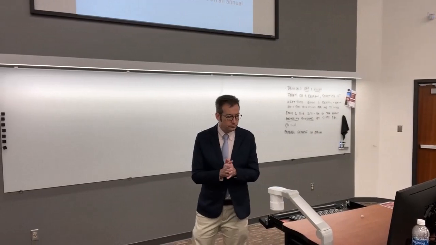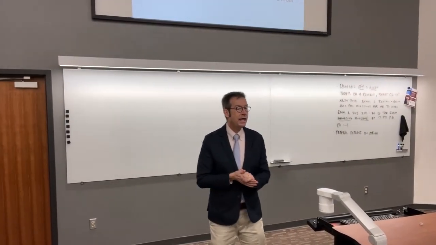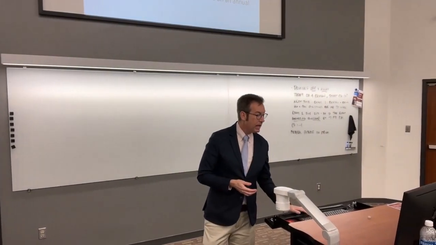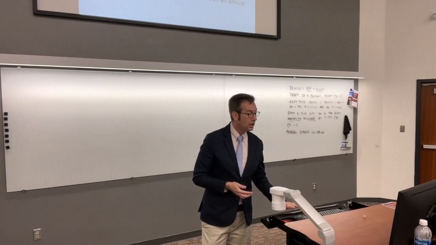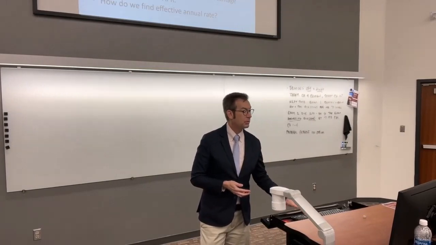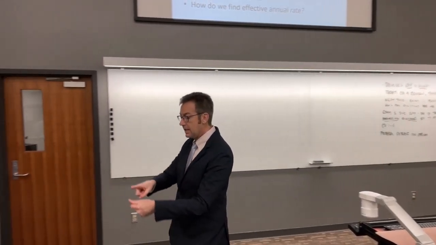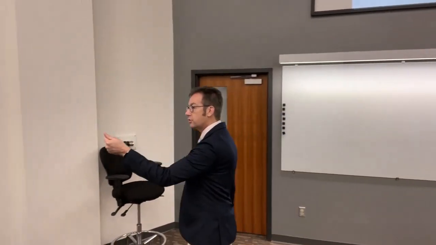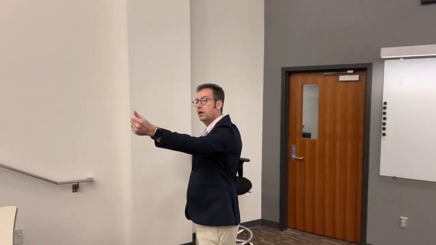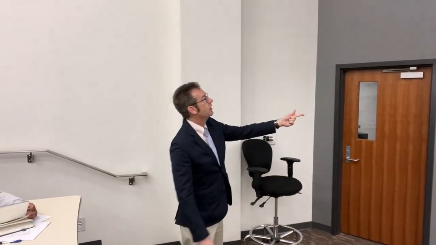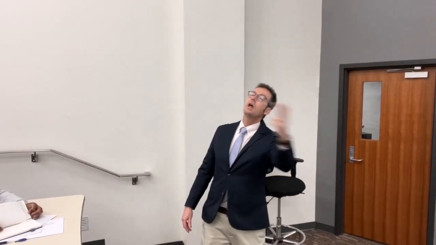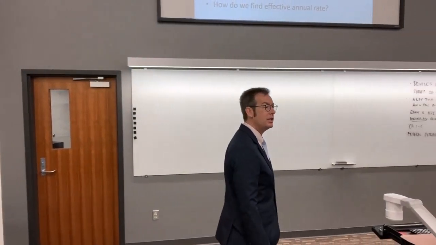Now, all of these are on an annual basis, and we have a name for these numbers, 12, 7, and 6. We call them stated interest rates. We call them quoted interest rates. We call them nominal interest rates, and we call them annual percentage rate, APR. Have you guys ever heard of APR?